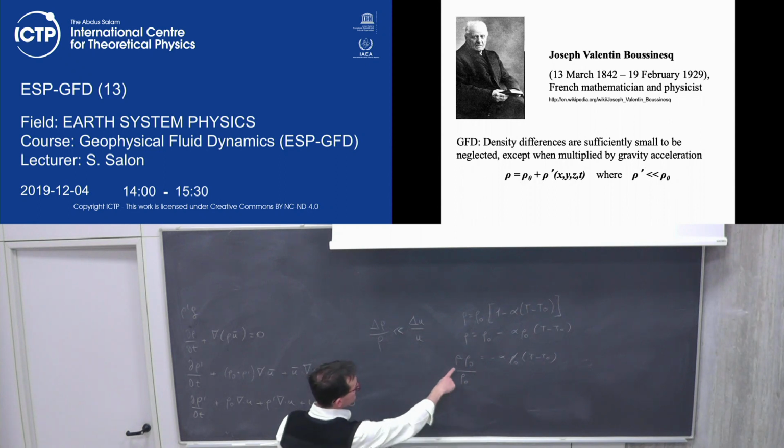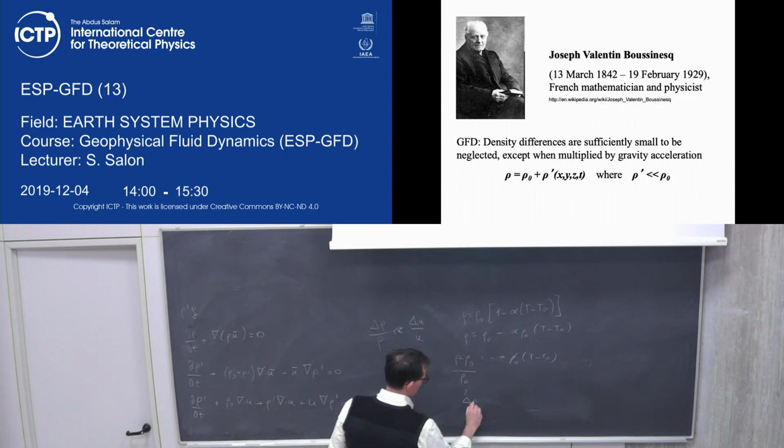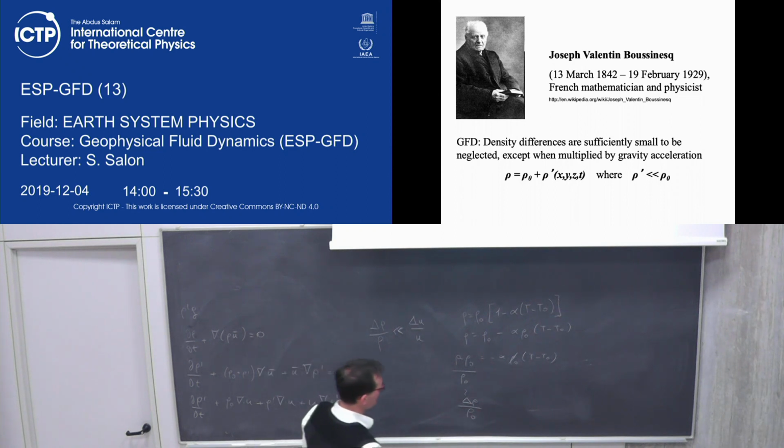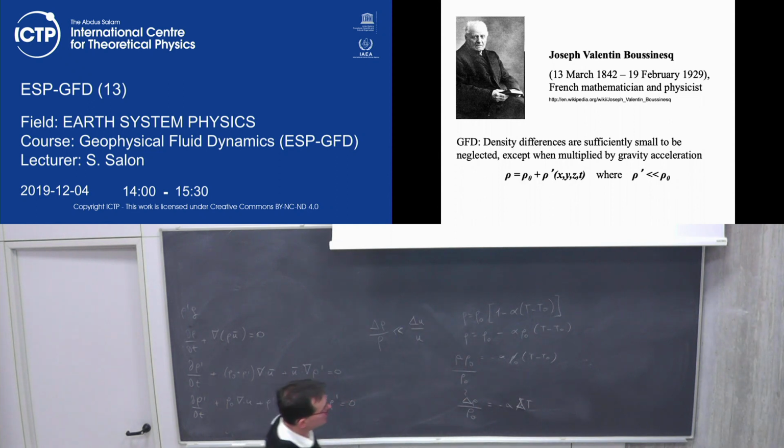And so this is (rho minus rho 0) divided by rho 0, the variation of densities, which is equal to minus alpha times the variation of temperature. Okay?